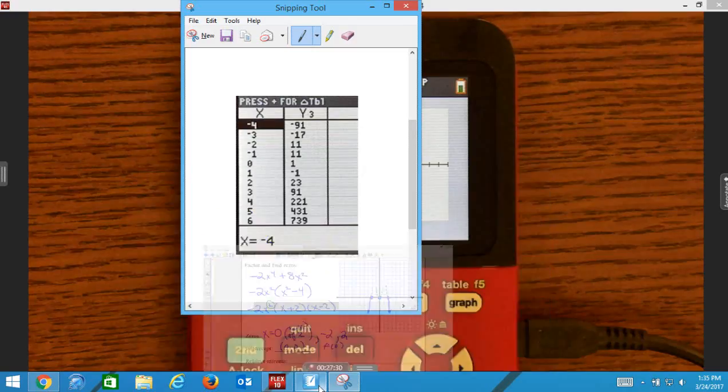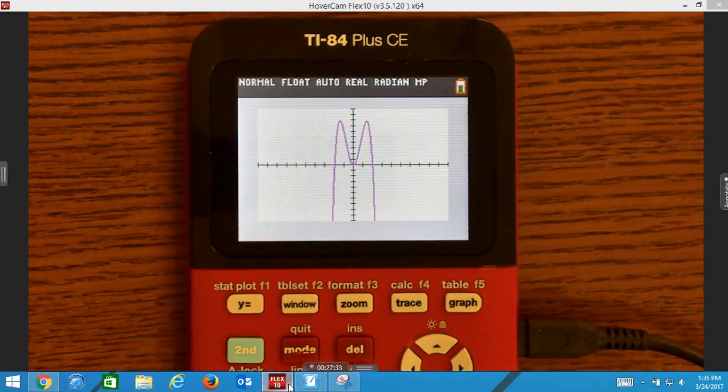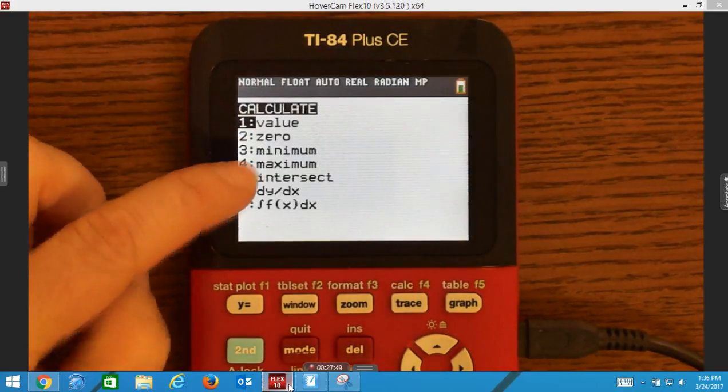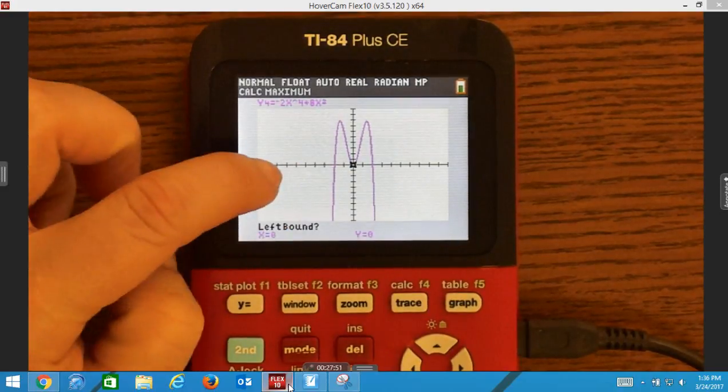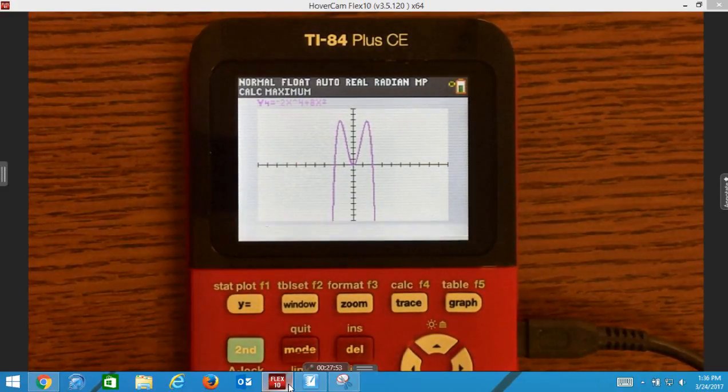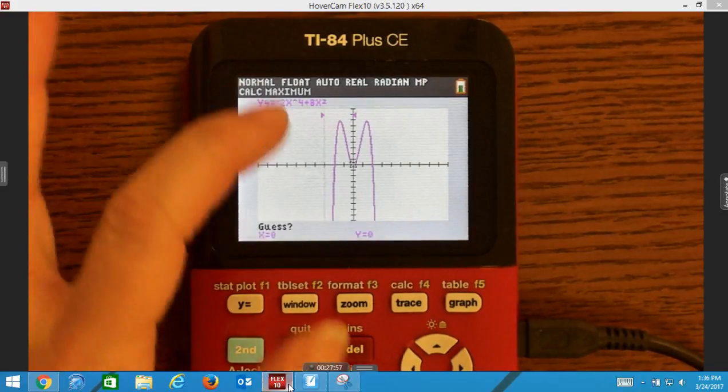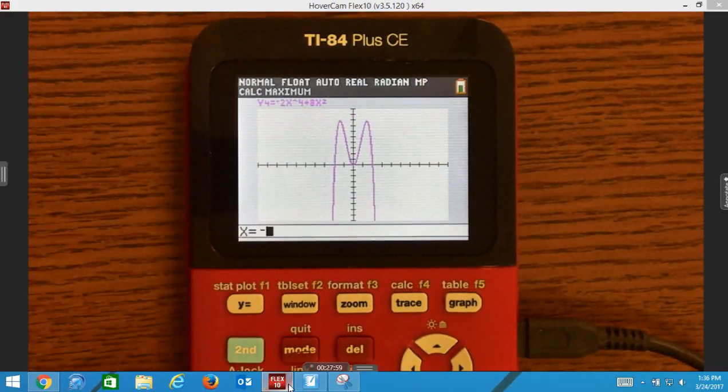Go to your calculator and type in the equation. What you're using your calculator for is to find this maximum point up here. So how do we find the maximum? Second calc, maximum. We're going to pick something to the left of it, -3, something to the right of it, 0, and something near it, -2.